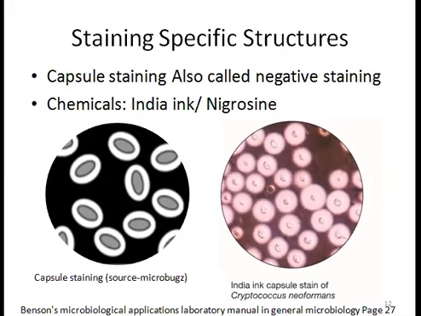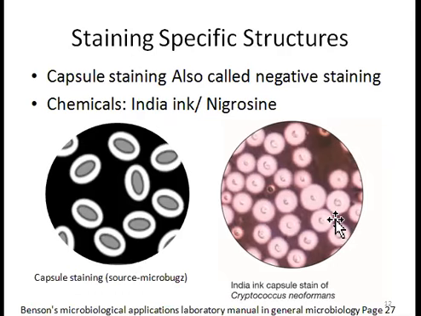So here you can see in this picture, you can see the black background. Here white color represents the capsule around the bacteria, and here you can see the small inner portion which is the bacterial protoplast, and this is an example of negative staining.